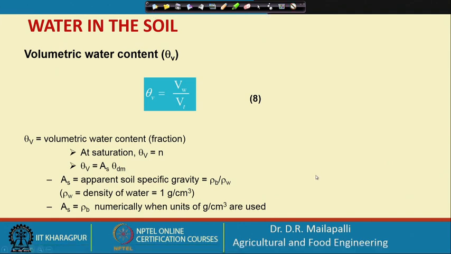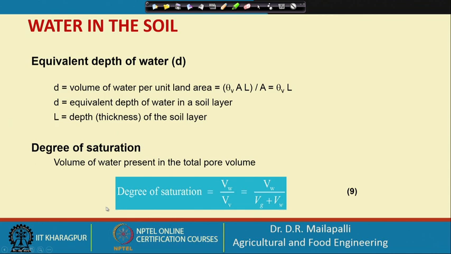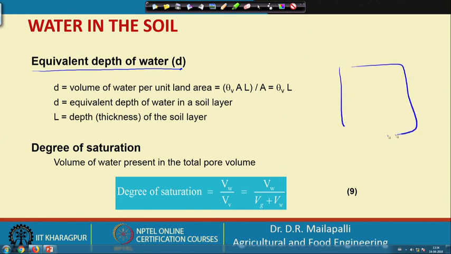Okay. And next, once we know the soil moisture present in the soil, how do we find the equivalent depth of water? What is the depth of water present in the soil profile?